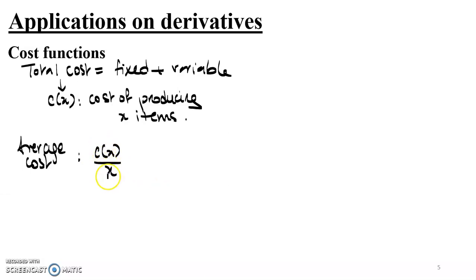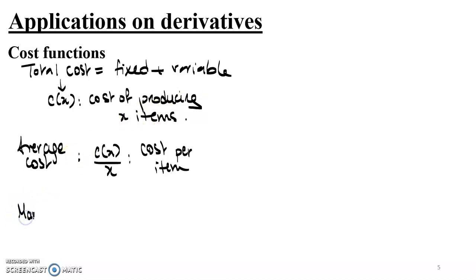So c of x over x would in fact give me the cost per item, given that you have already produced x items. So having already produced x items, in order to determine on average how much the production of a single item cost, I would consider the total cost and divide it by the total number of items produced.